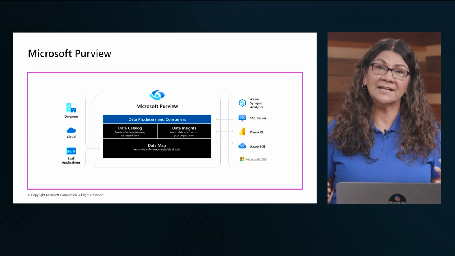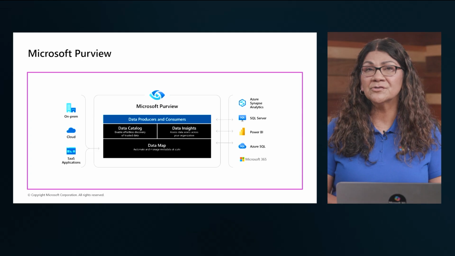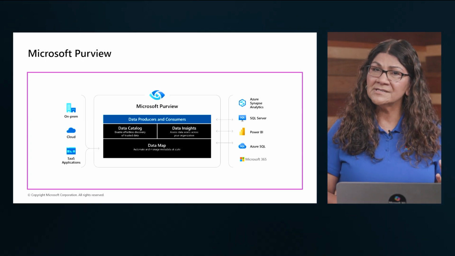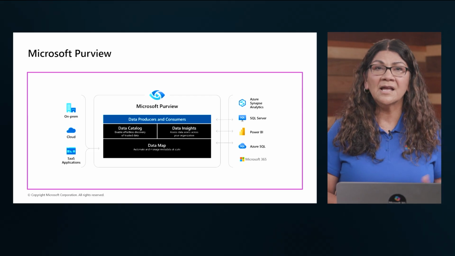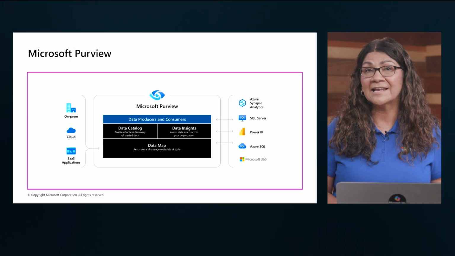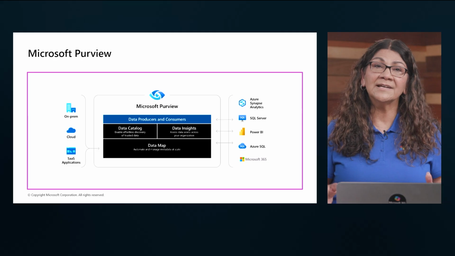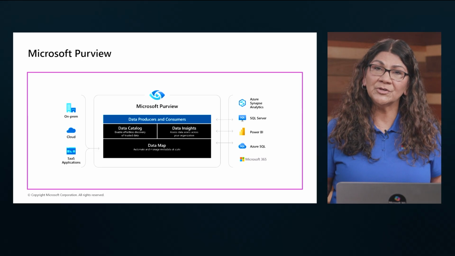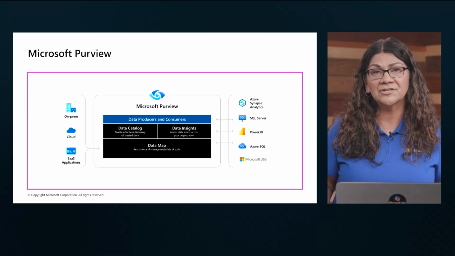You also have the data catalog, which helps users discover trusted data sources using familiar business terms and classifications. And you have your data estate insights, which provides visibility into the types, sources, and distribution of data across your organization.